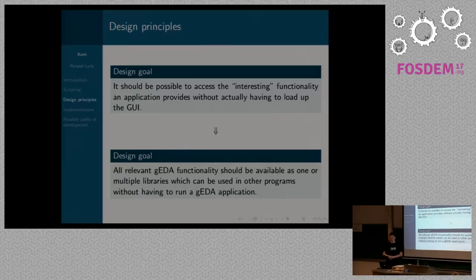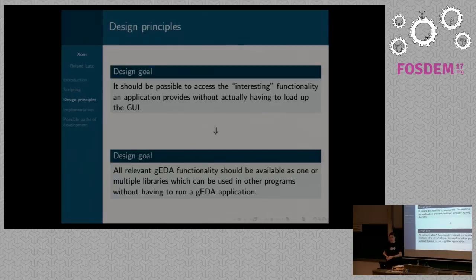The most obvious thing probably is that the functionality of the application should be available to use. And if you ever used GIMP Script-Fu, and have tried to run it from a command line, there is an option not to show the GUI, but it is loaded anyway. So when you run a GIMP script from the command line, it takes a very long time for GIMP to start up, which is not usually acceptable for command line tools.